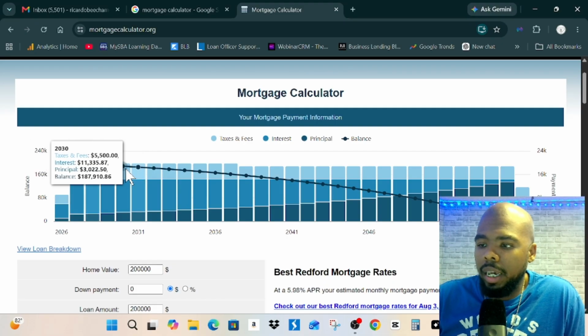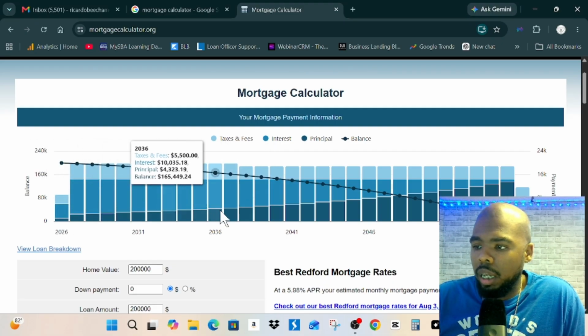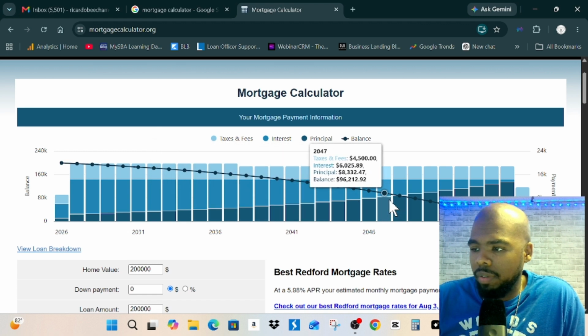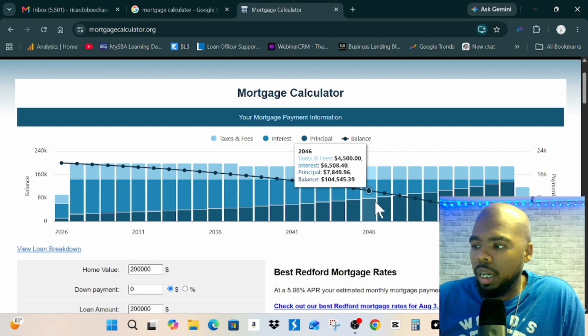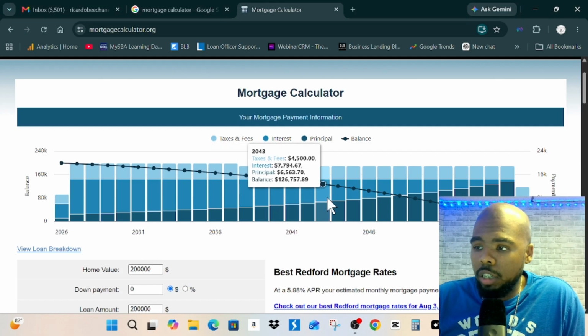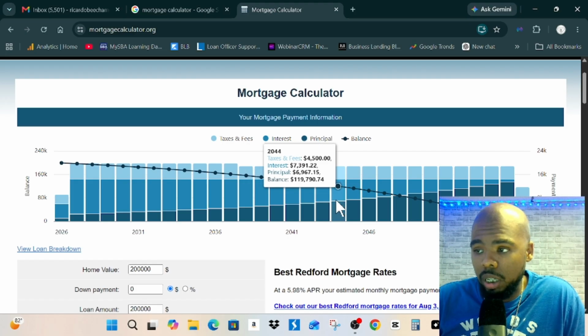So when you go down here, as you can see, we started in 2026, and then around a midway point, like 2047, anywhere between the 15 to 20 year mark, you start to see some real changes. The principal payments for the whole year start to go up tremendously, and the interest goes down tremendously, right?